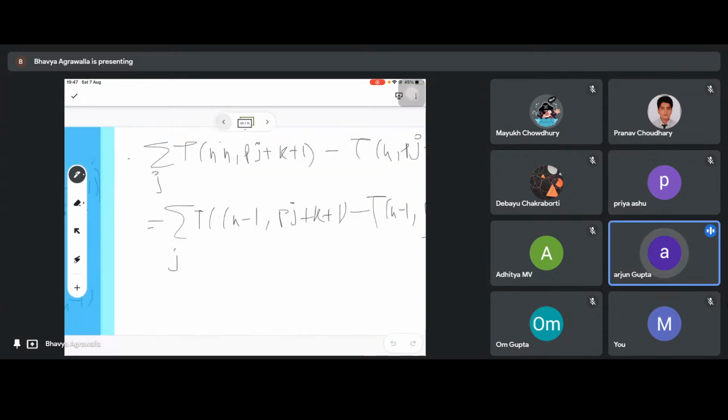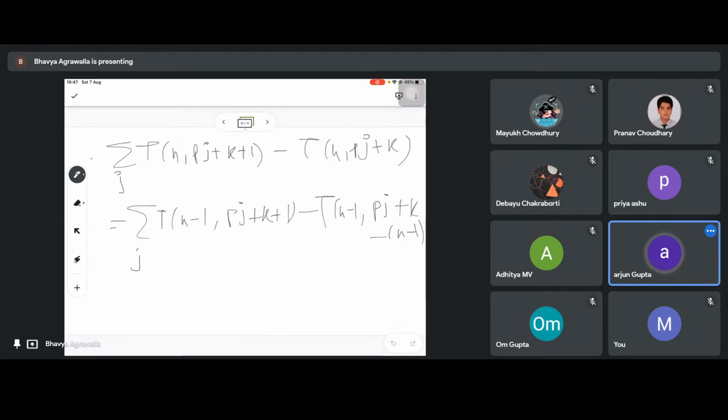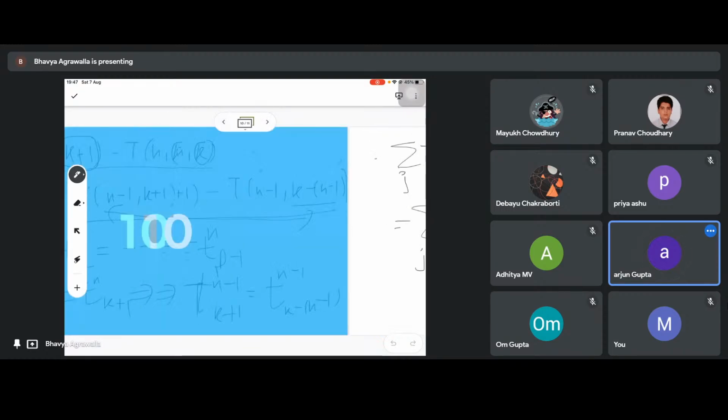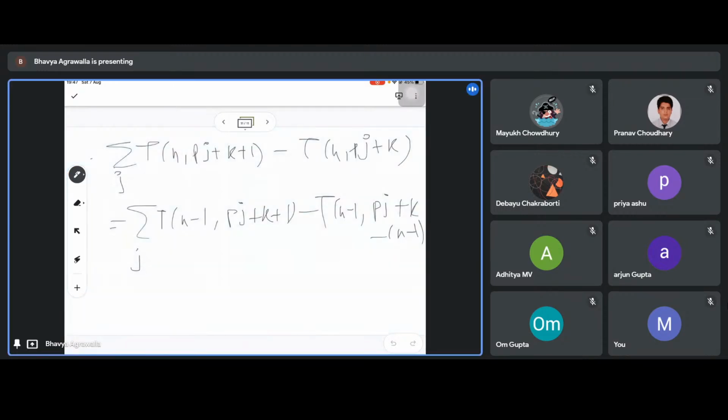Yeah, I got basically the claim you made here, like this below written thing on slide 10. Right, so now what was this thing? This was just small t of n. Suppose that small t of n comma k plus 1 is equal to small t of n comma k.